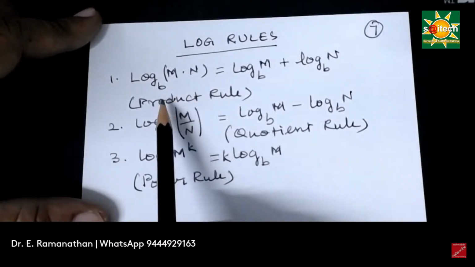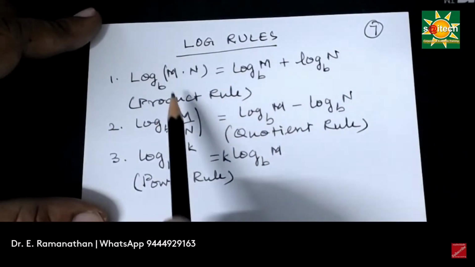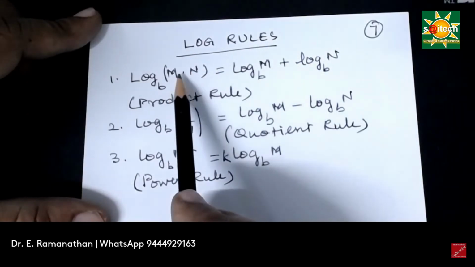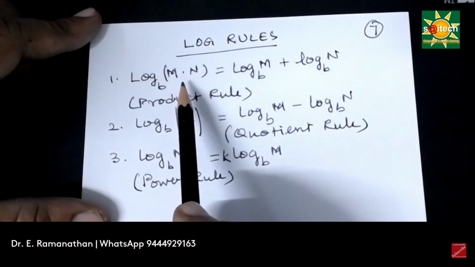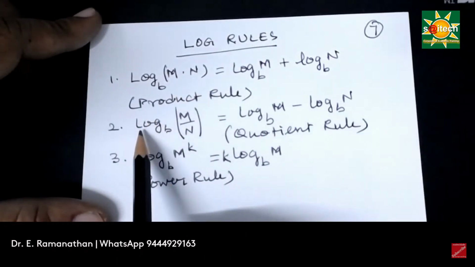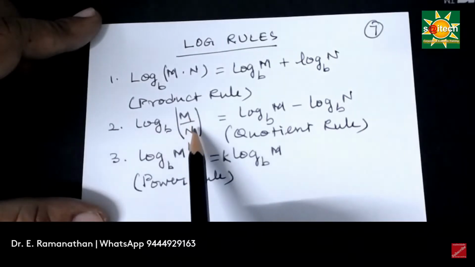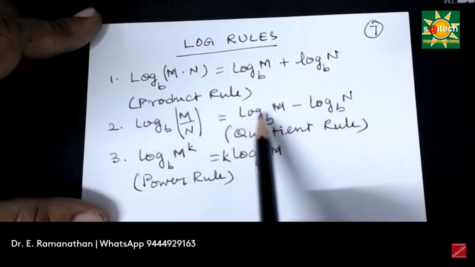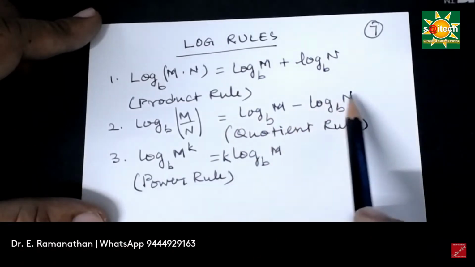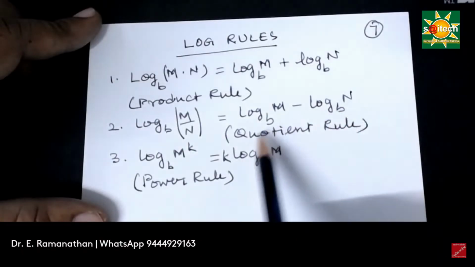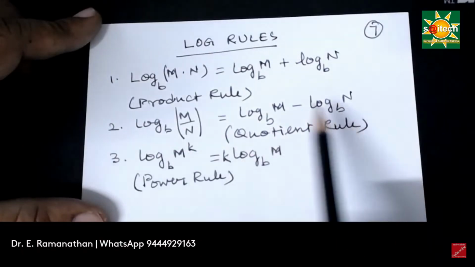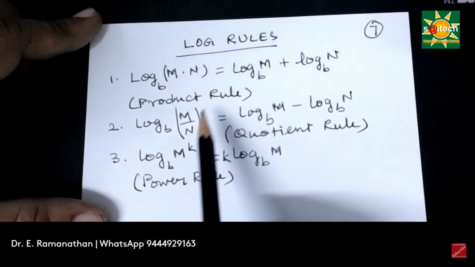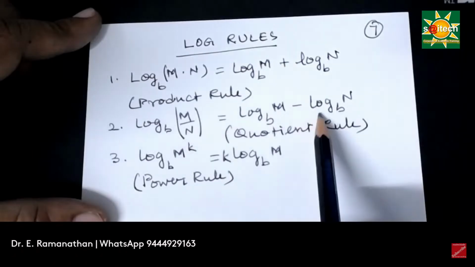This is called the product rule. Since m and n are involved in a product, that is multiplication. Log m divided by n to the base b is equal to log m to the base b minus log n to the base b. This is called the quotient rule. So when there is a multiplication, we add. When there is a division, we subtract.